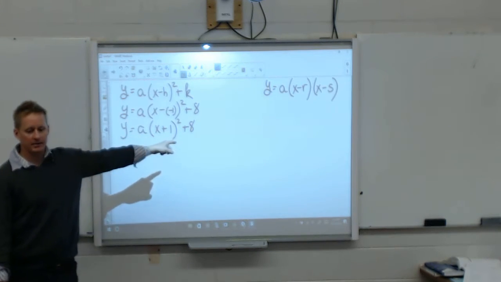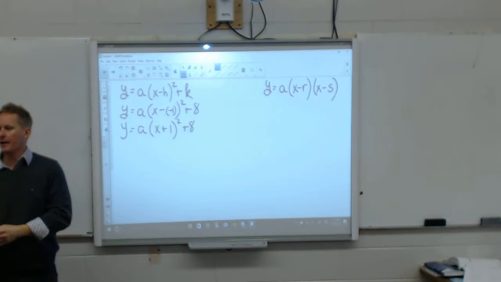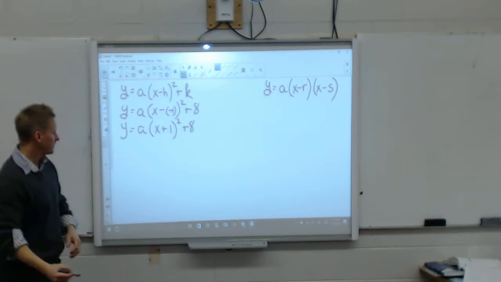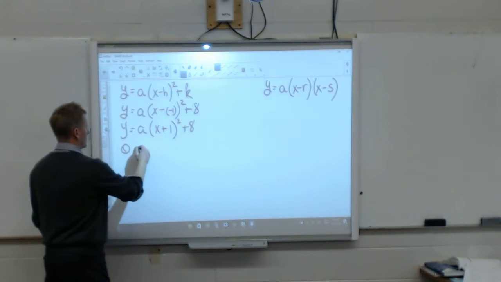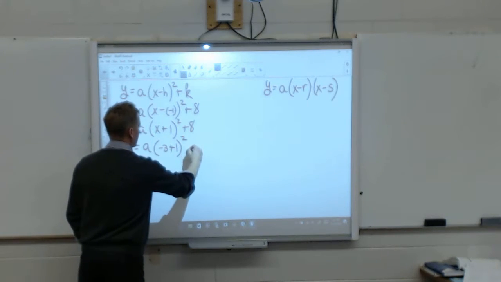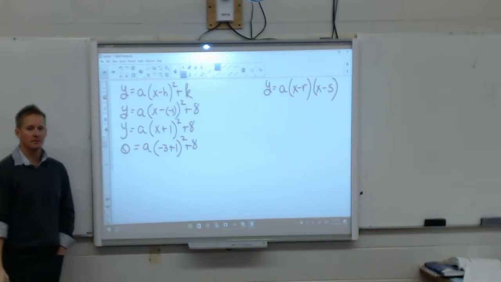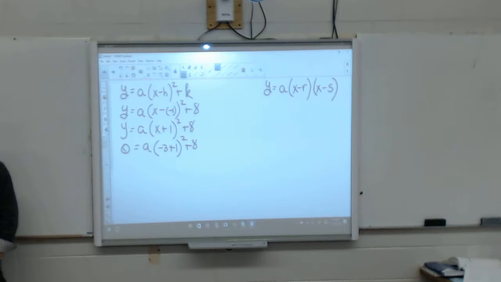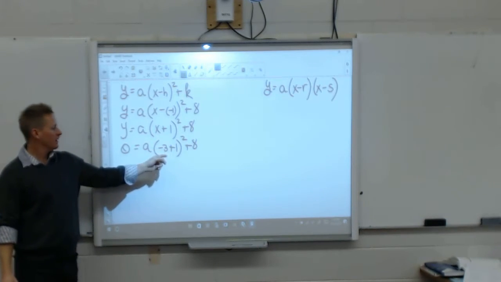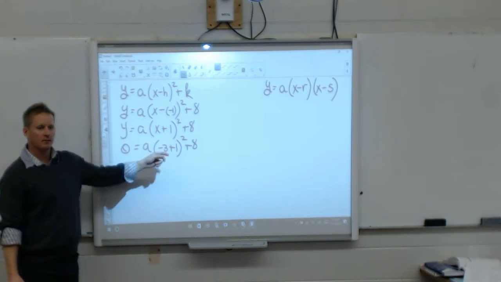I've got my vertex. Can you tell me another coordinate on that graph? -3 and 0. So 0 equals a times -3 plus 1 squared add 8. Right? -3 plus 1 is? -2 squared is? 4.